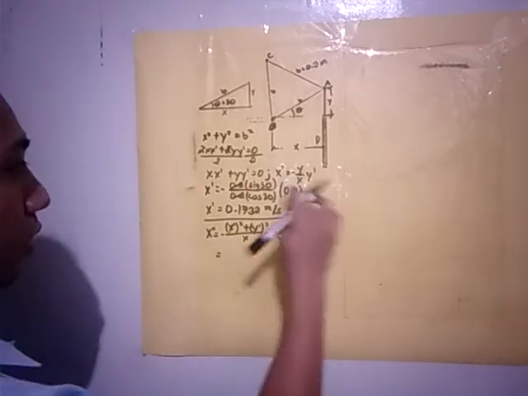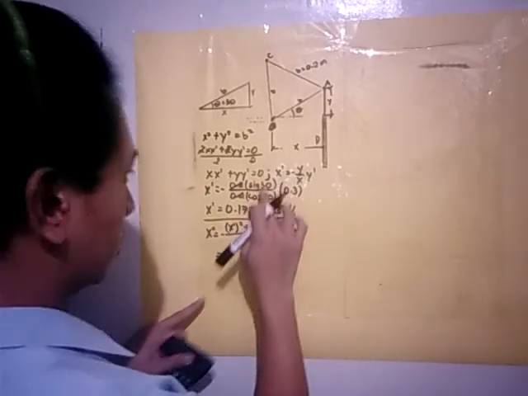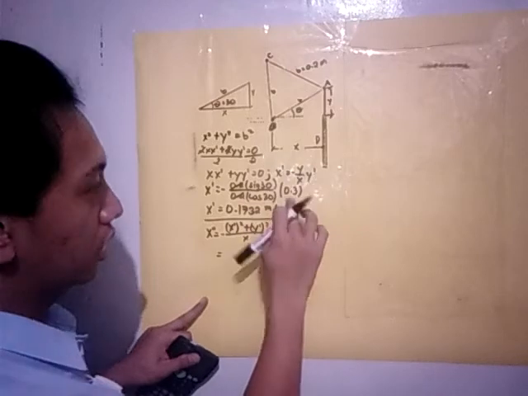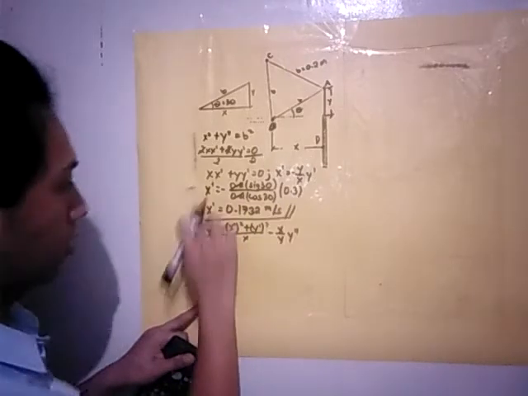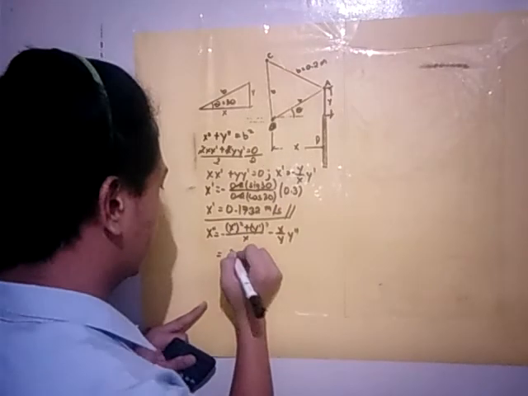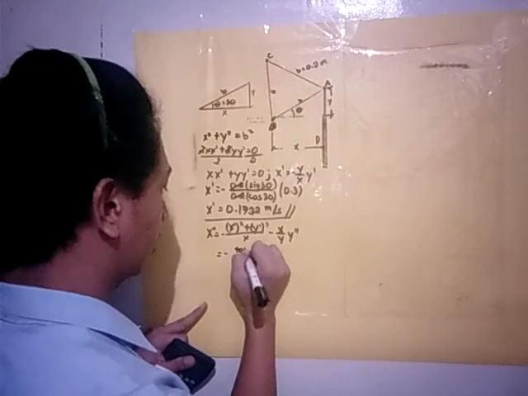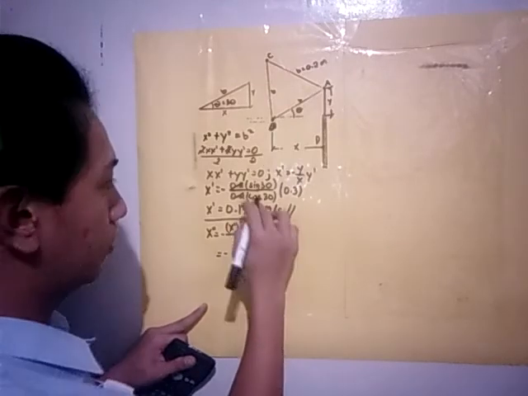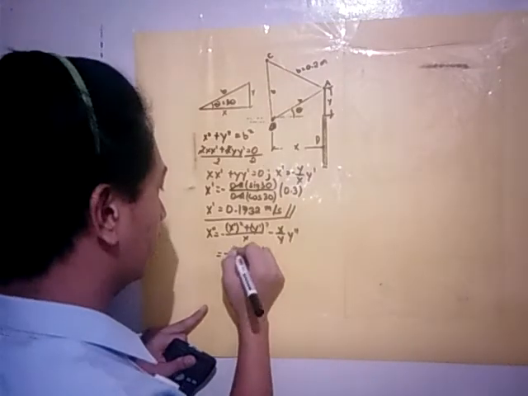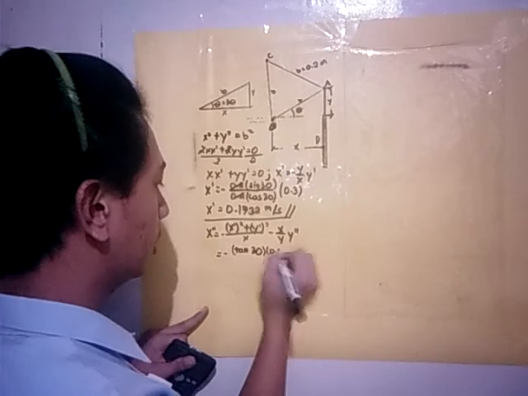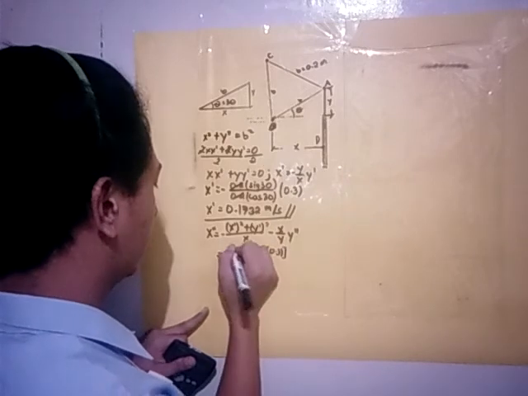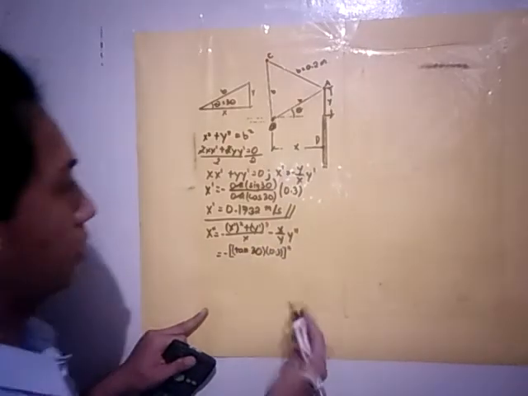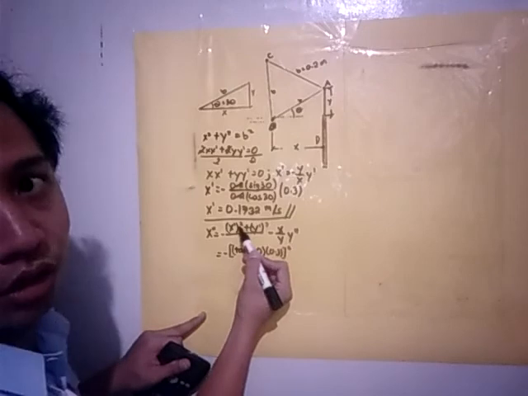is equal to this one, sine 30 over cosine 30 times 0.3. This is our x prime. So negative tangent 30, because sine over cosine, multiplied by 0.3, and it is squared because I have squared here.